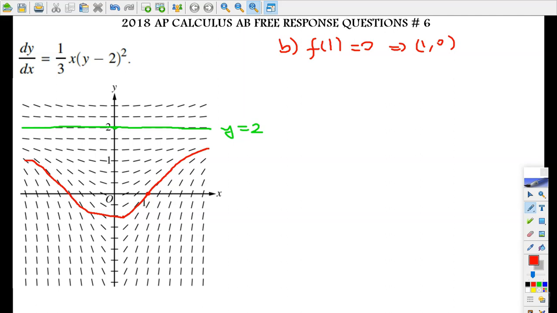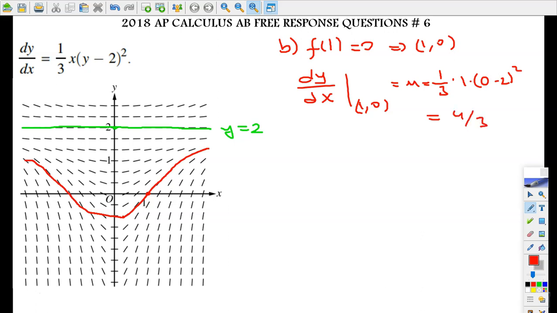We need to evaluate the slope when x equals 1 and y equals 0. So dy/dx at (1, 0) will give us the slope. If I substitute these values, we get 1/3 times 1 times (0 minus 2) squared, which is equal to 4/3.